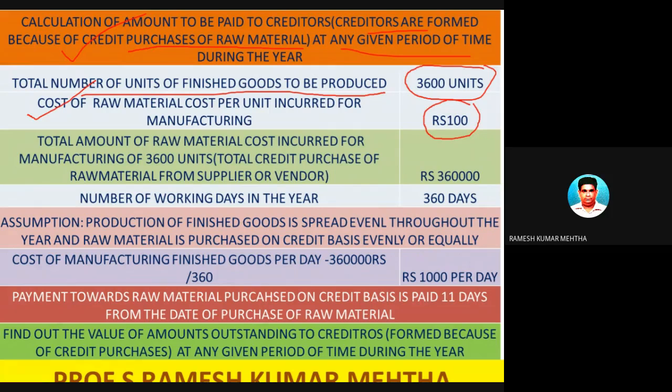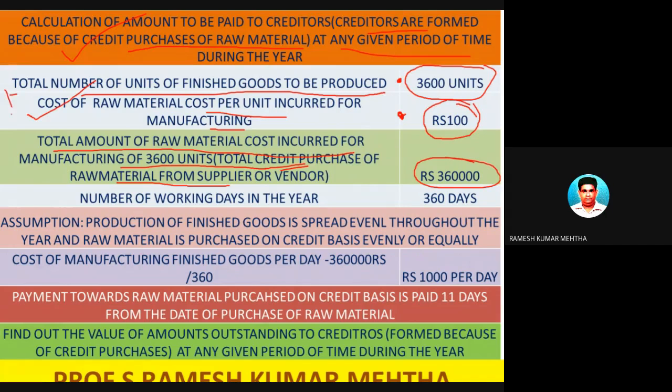So, what is the cost of raw material incurred for manufacturing per unit? It is 100 rupees. For manufacturing one unit, I require 100 rupees. So the total amount of raw material which I have to purchase from the creditors during the whole year for the manufacturing of 3,600 units on credit basis is 3,60,000.